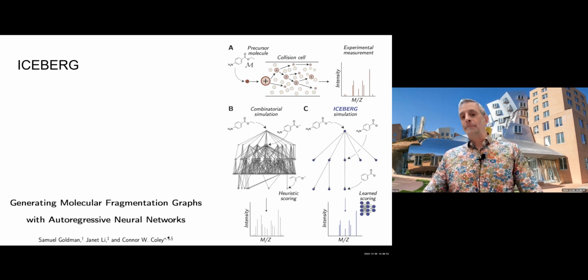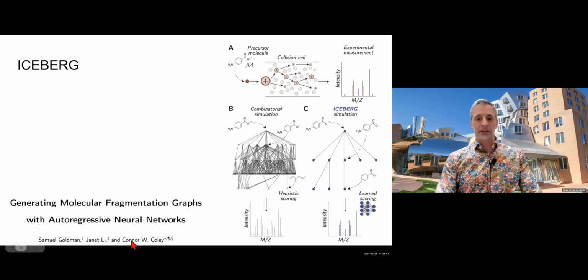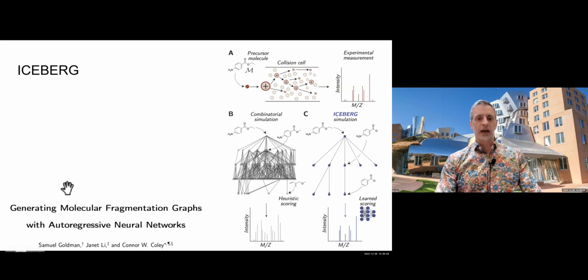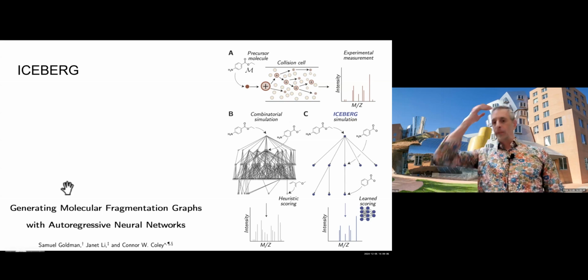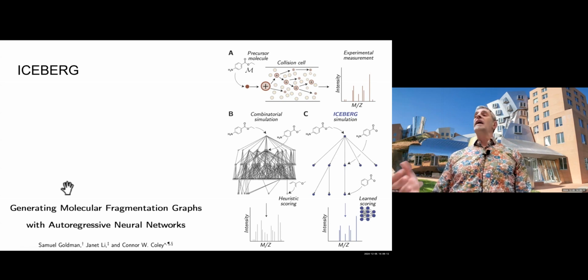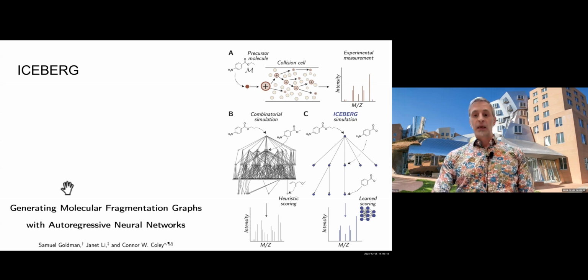Okay. I want to take a minute to talk about some really cool work going on at MIT. This is from Connor Coley's lab, and it's a program called Iceberg. What Iceberg does is it's taking these patterns and then identifying what the potential molecules are.